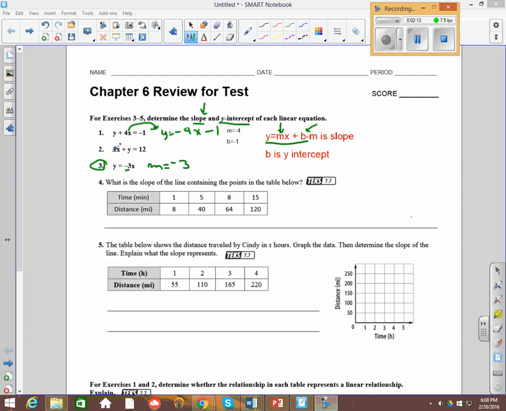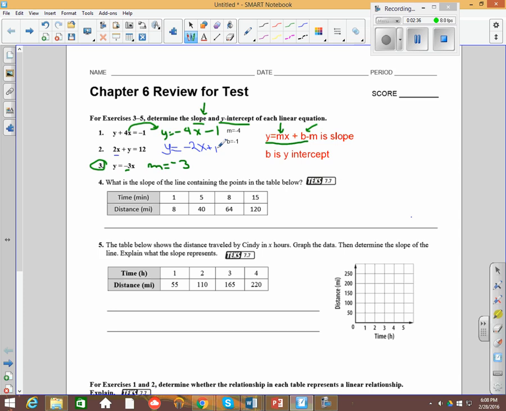Now let's look at number 2. You notice the 2x is on the same side of the equal sign as the y. So we have to reorganize and move the 2x to the other side, making it y equals -2x plus 12.